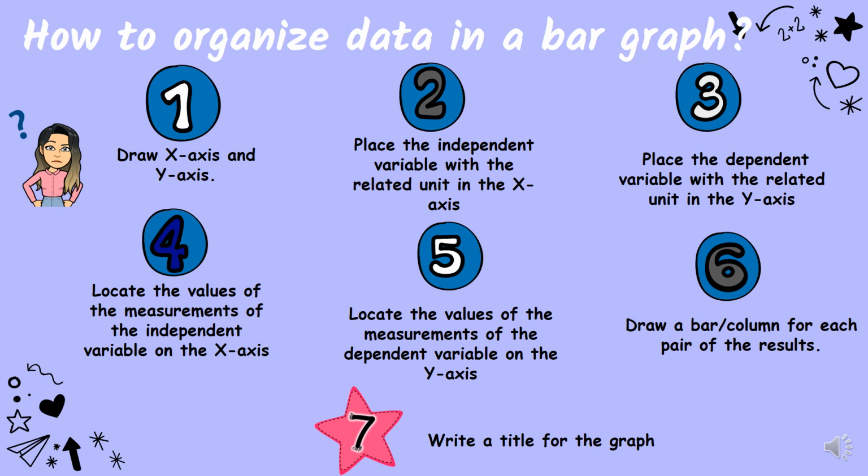Number 4, locate the values of the measurements of the independent variable on the x-axis. Number 5, locate the values of the measurements of the dependent variable on the y-axis. Number 6, draw a bar or column for each pair of the results. And the last, number 7, write a title for the graph.